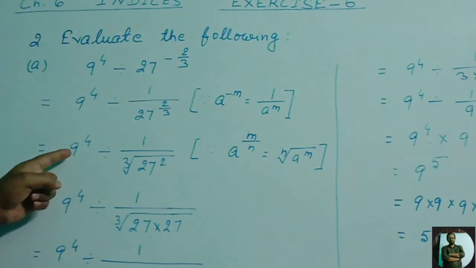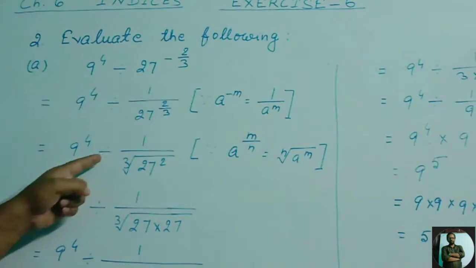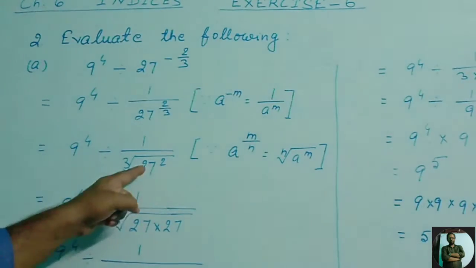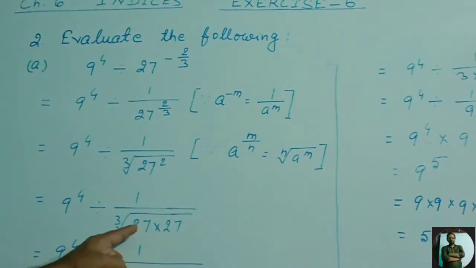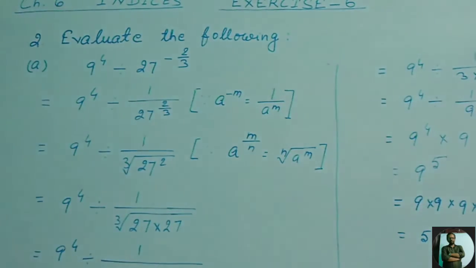Now in the next step, 9 to the power 4 divided by 1 by cube root 27 square will be written 2 times, 27 into 27, because the square is there. Now in the next step, 9 to the power 4 divided by cube root; for this 27 I have written 3 into 3 into 3, and for this 27 I have written 3 into 3 into 3.